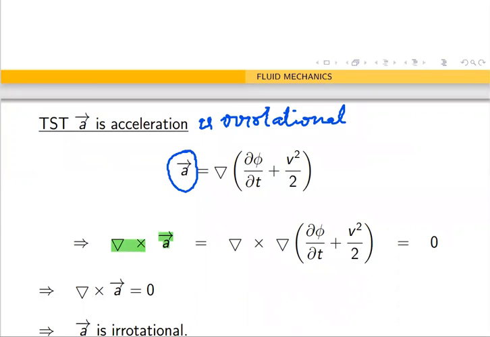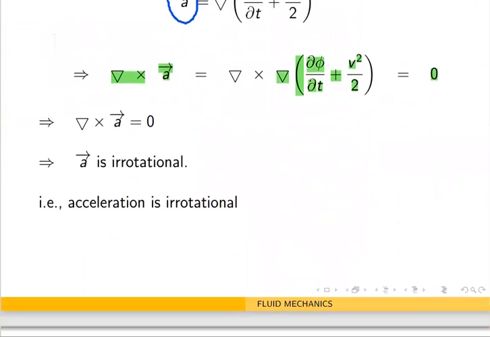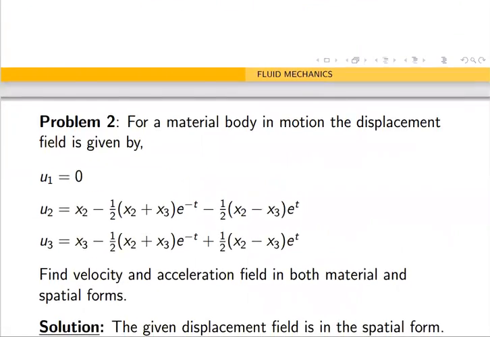Curl of A is nothing but curl of gradient of this, and we know that curl of grad is 0, so it is 0. So we got curl A is 0, therefore A is irrotational. That means acceleration is irrotational. Hence the solution. Problem 1 is over. We shall go to the next problem. The next problem is this.